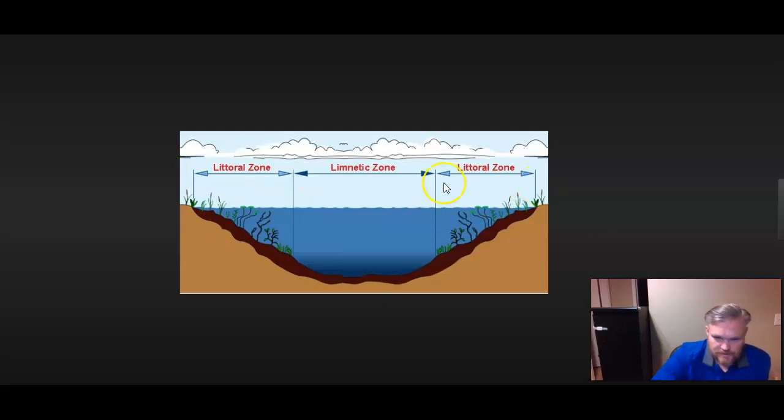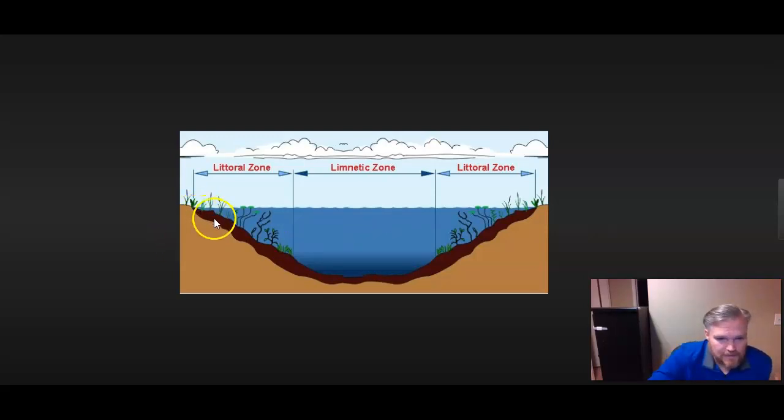So notice there's going to be the littoral zone. This is a side view cutaway. So if you surrounded a whole lake, that littoral zone would extend out to a depth where it can support plant life growth. And then the limnetic zone is basically open water over the area that doesn't support enough light to support plant growth.